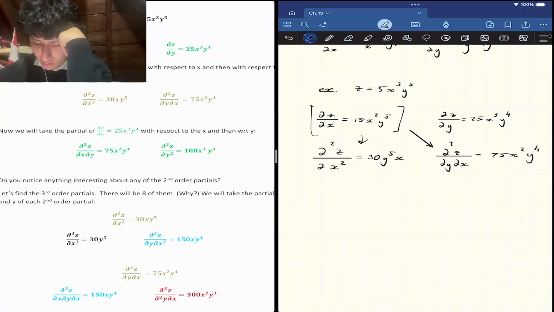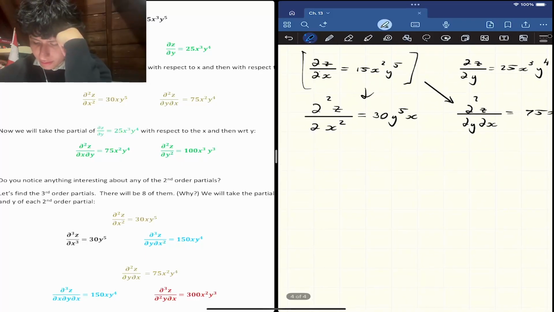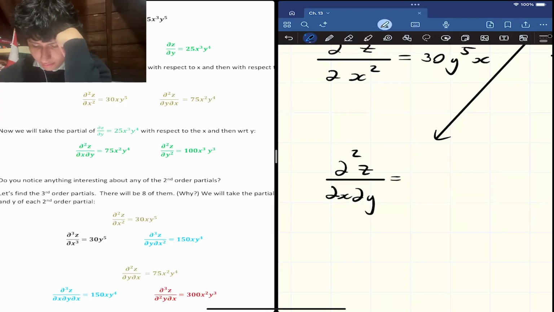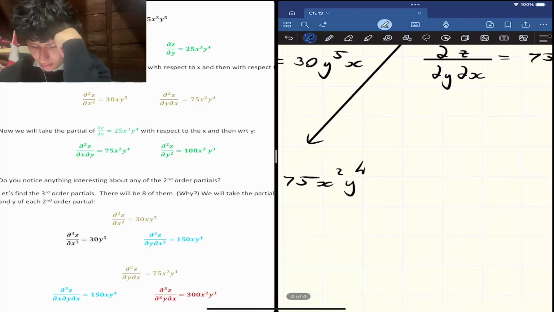And then what we do is we now take this one, which would be the partial with respect to x, now would be 75 x squared y to the 4th, right?